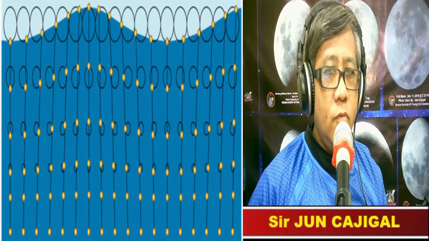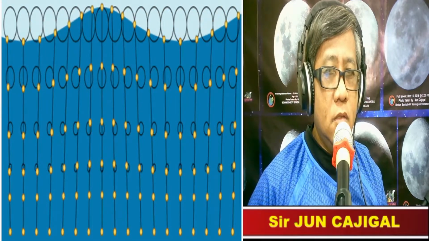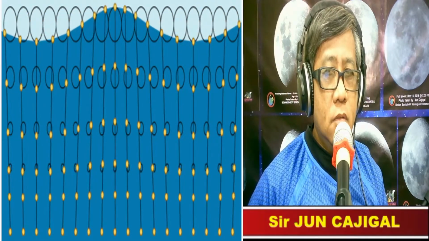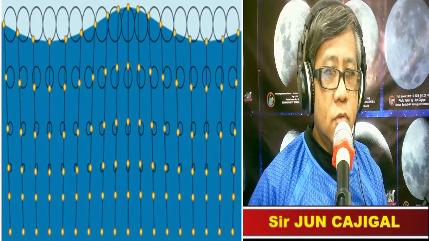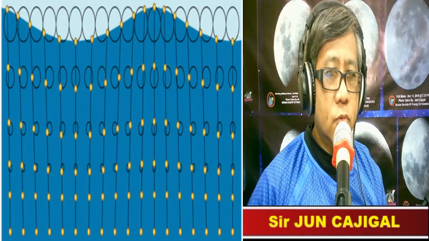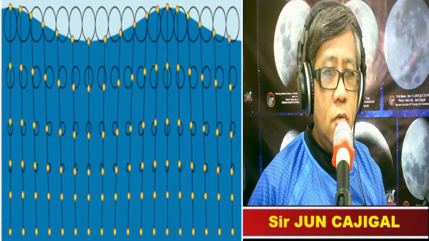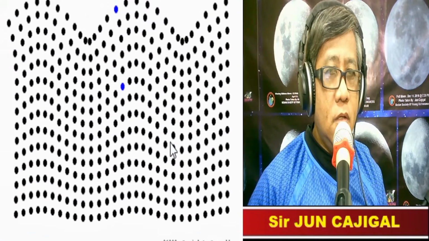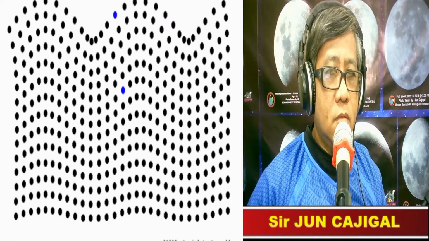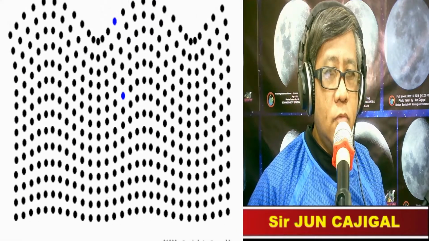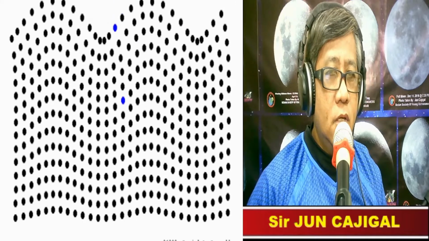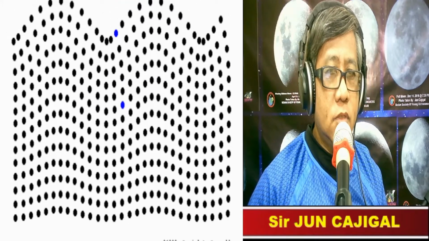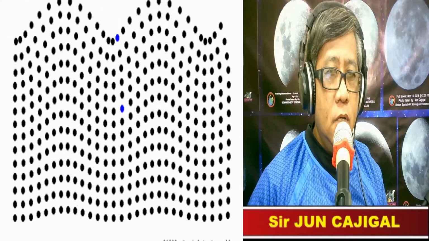So again, if you will take a look at this animated illustration, the rock particles exhibit some sort of circular movement, or there is a rolling motion of those rock particles. Okay, so everybody kindly focus your attention on that blue dot at the middle of our animated illustration. As the surface waves travel through the rock medium, look at the blue dot.